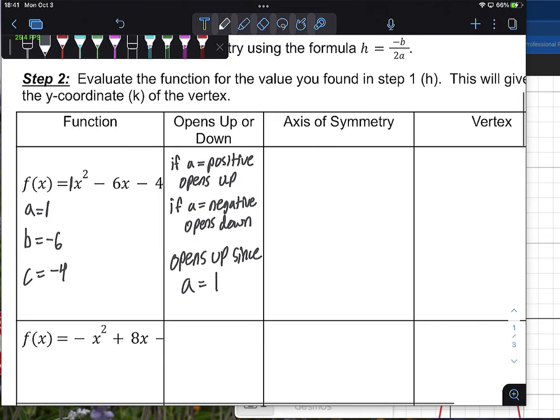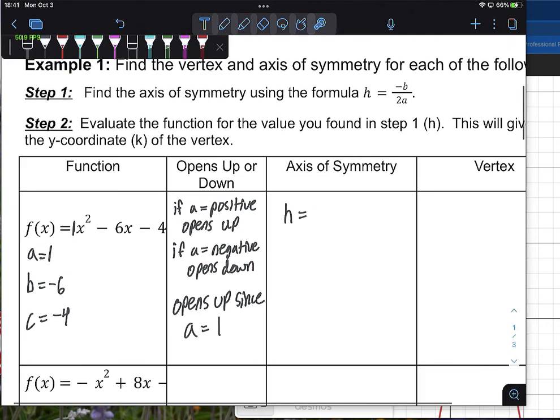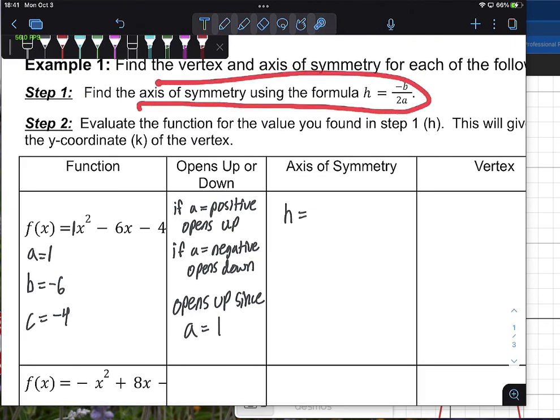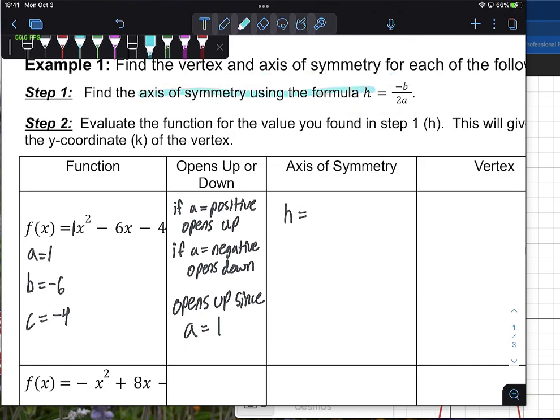For our axis of symmetry, we are going to say h is equal to, we are going to use this formula right here. Let's go ahead and mark that, actually. Perfect. So we have h is equal to the opposite of b divided by 2a. Well, the opposite of b, you guys, is this right here.